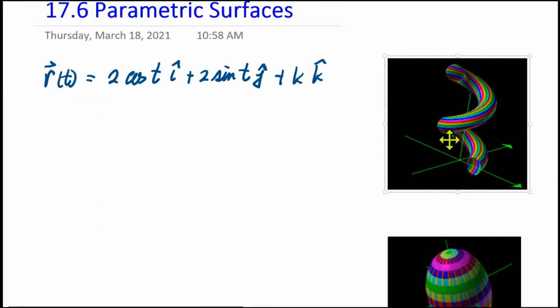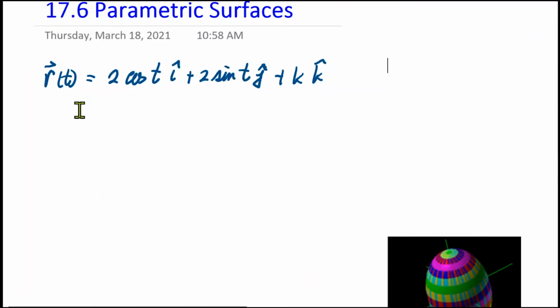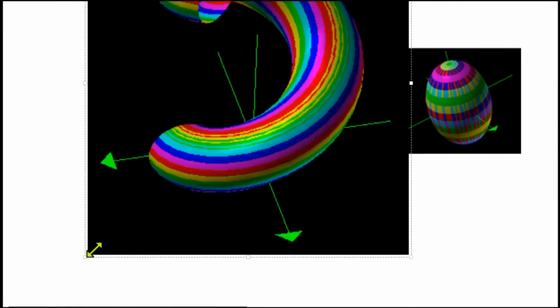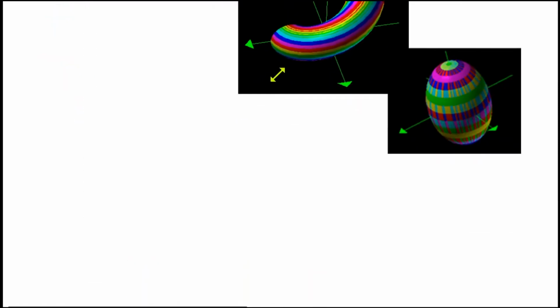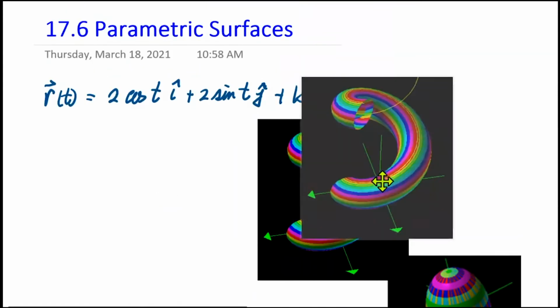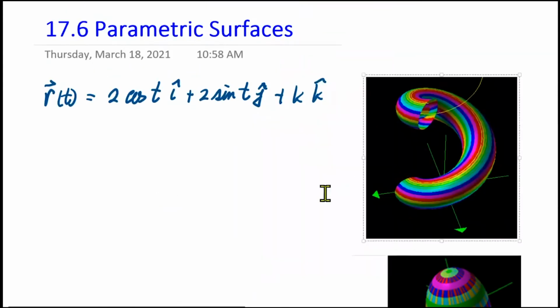Instead of that, I'm gonna put, oh, that's big. Okay, so now I'm gonna write this down and let's talk about it. The vector function in parametric surface, this is a parametric curve, isn't it?